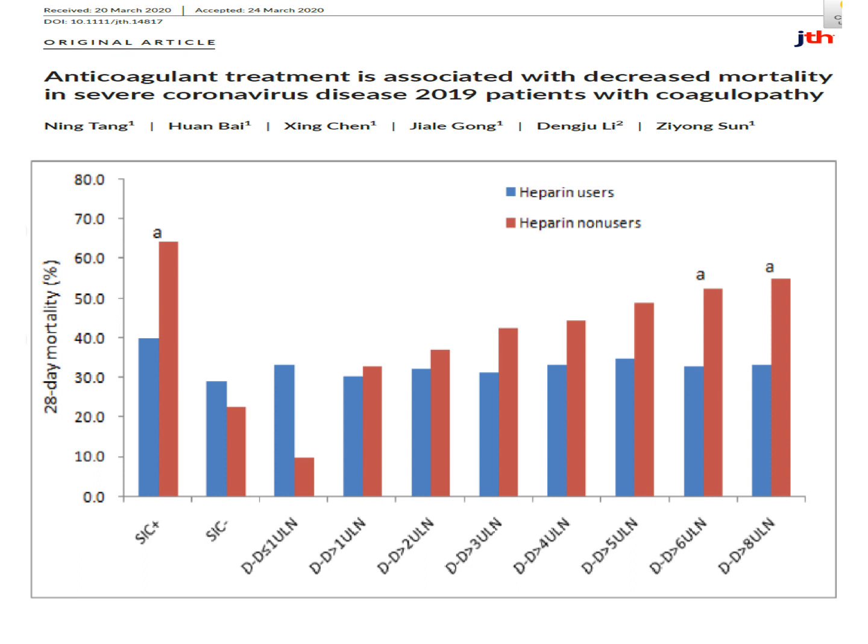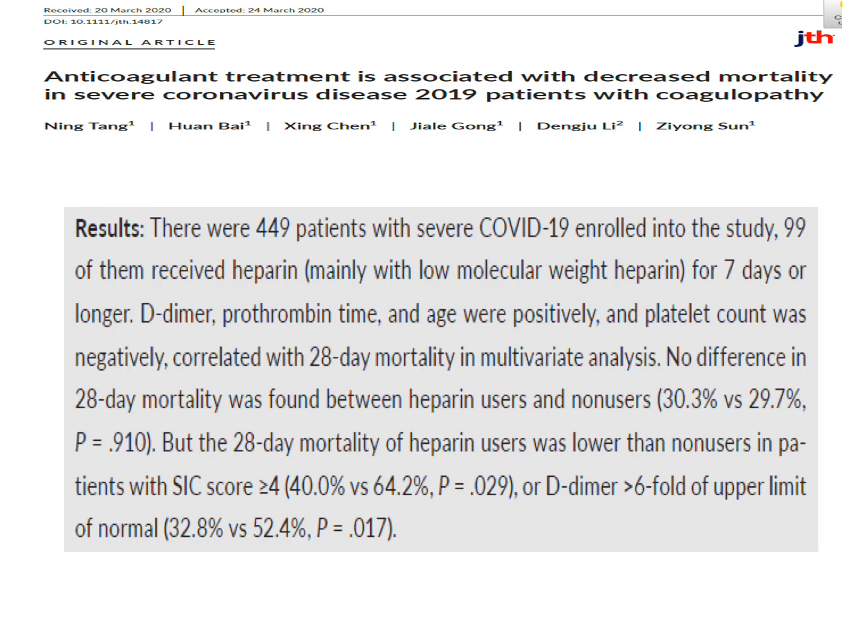Early studies from China had shown that patients who received heparin had a better prognosis than patients who didn't receive heparin, especially when the D-dimer is very high. But these numbers and studies should be taken with caution, because as we can see, only 20% of patients received prophylactic anticoagulation, received heparin.